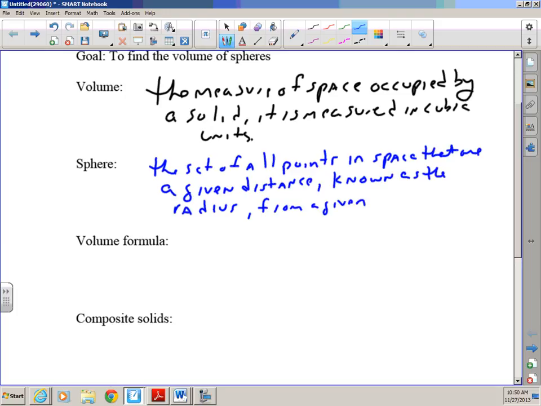And as we talk about with a circle, that given point is called the center.